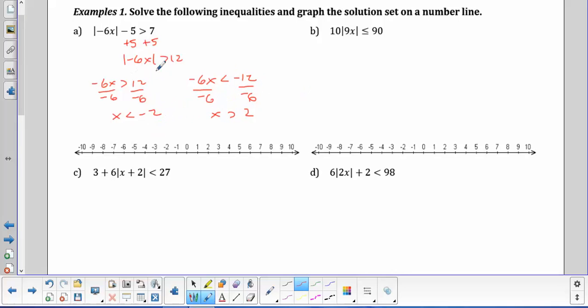Okay, so like I said, the tricky part, when you split it up, don't split it up until the absolute value is by itself, and then let's graph each one of these individually. So, x is less than -2 gets an open circle, less than is going to be to the left, x is greater than 2, open circle, greater than to the right.